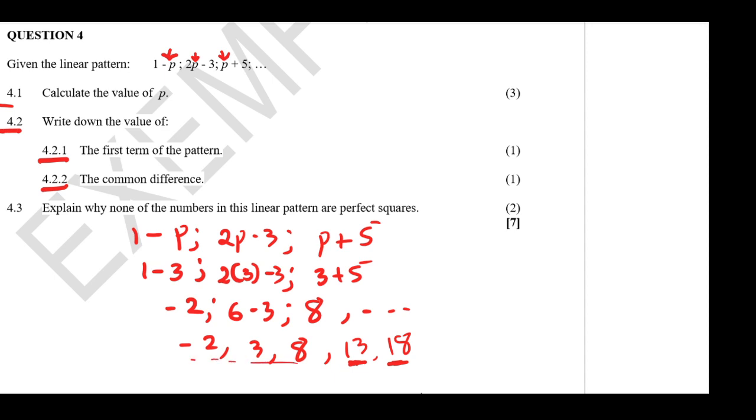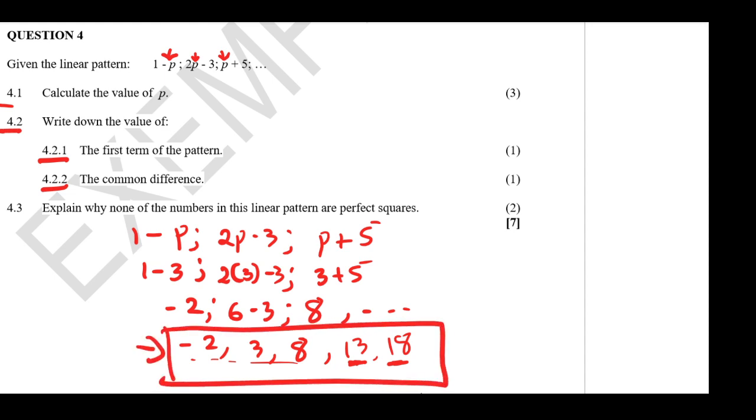So if you look at all these numbers that I'm putting in this box here, all of them except 2 end with either 3 or 8, right? This is 3, this is 8, this is 3, this is 8.